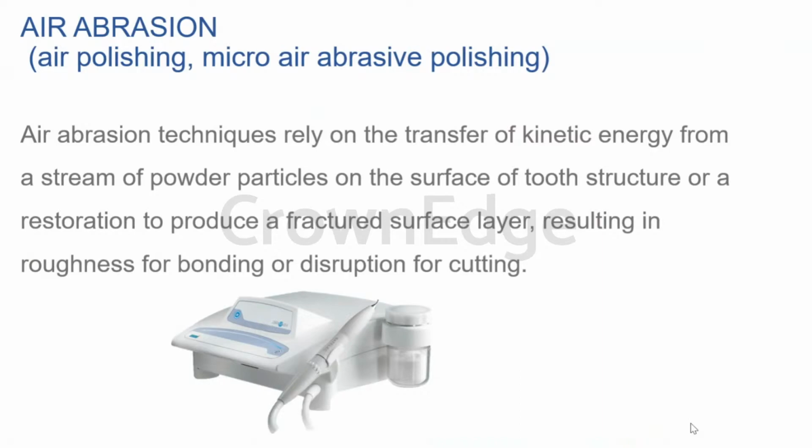So this creates that kind of roughness, and it also helps in polishing of stains, or any calculus which is there can be removed using air abrasion, and thus it is also called air polishing or micro air abrasive polishing. These powder particles, when they are streamlined on the tooth, create an abrasive effect, and this abrasive effect is helpful in polishing and roughening that area.